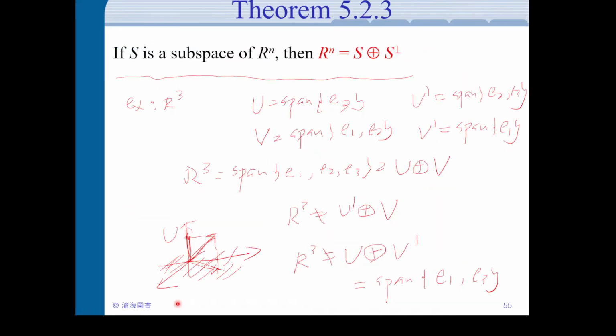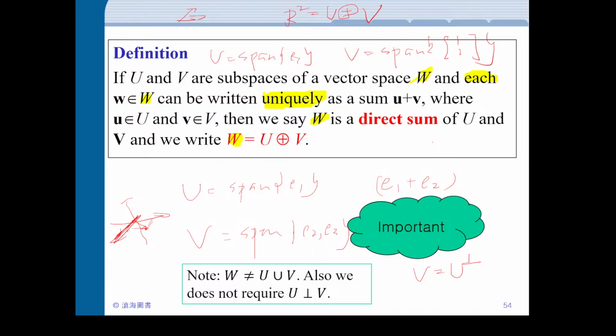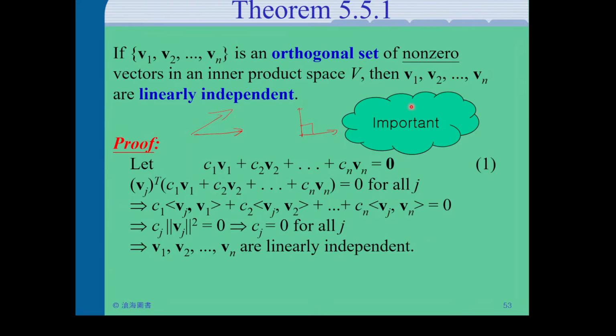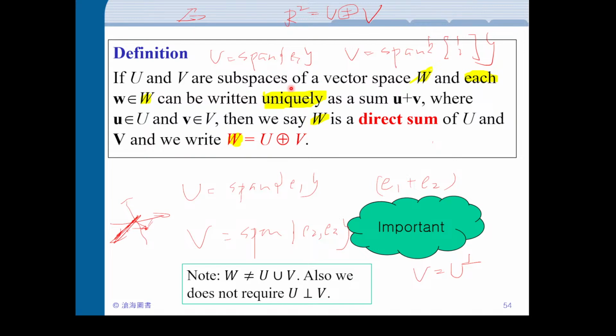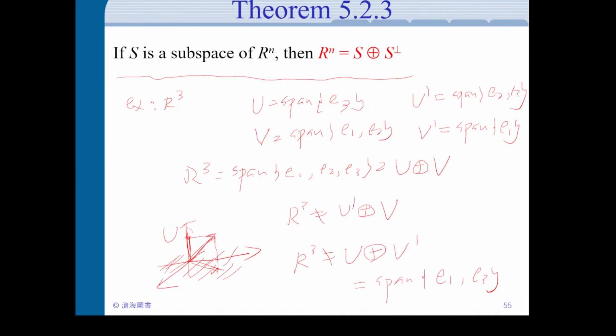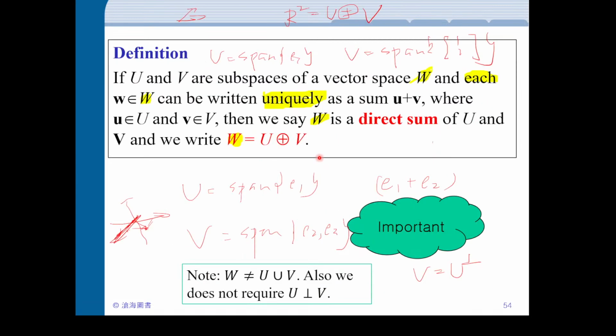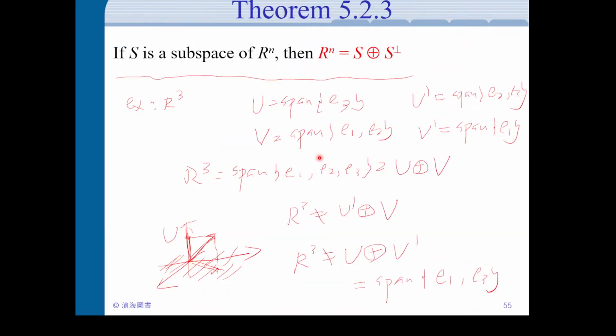Basically, "unique" and "each" correspond to the two parts of the basis definition. Unique means that when you take the bases together, they need to be linearly independent.